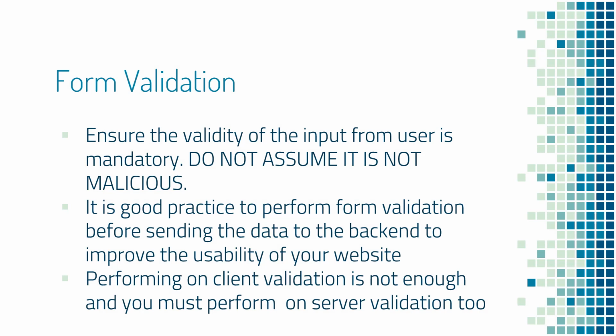So the last part of this module is form validation. It's not really part of the browser object model, but it's really related to it. Usually, you will use the techniques that we already explained here to perform form validation.